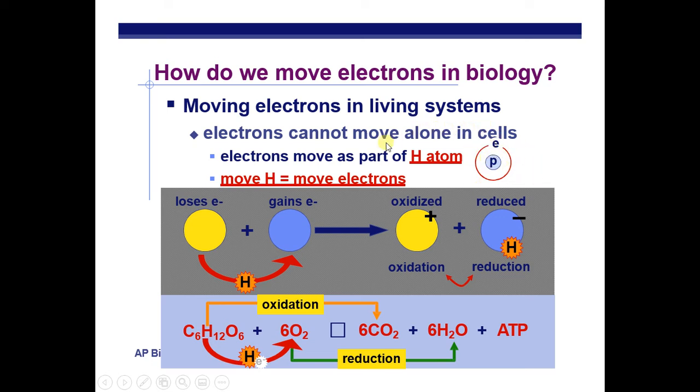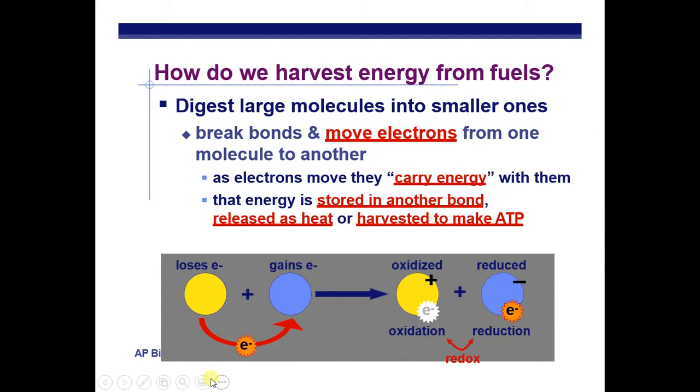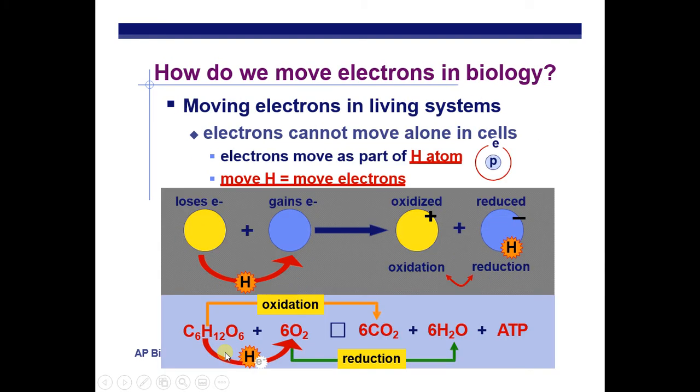So maybe a modified way of looking at the same picture here that's more realistic to biology and not chemistry is this. Moving electrons, moving electrons. And so when we look at our cellular respiration equation, we have C6H12O6, that is glucose.